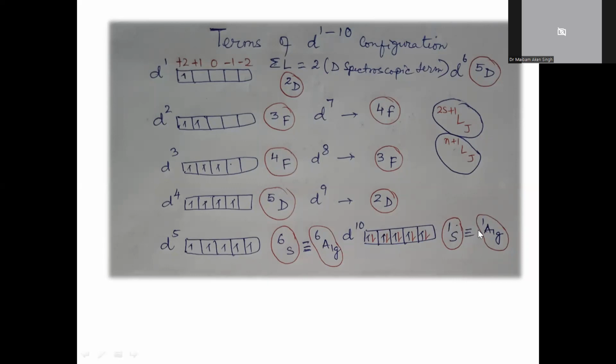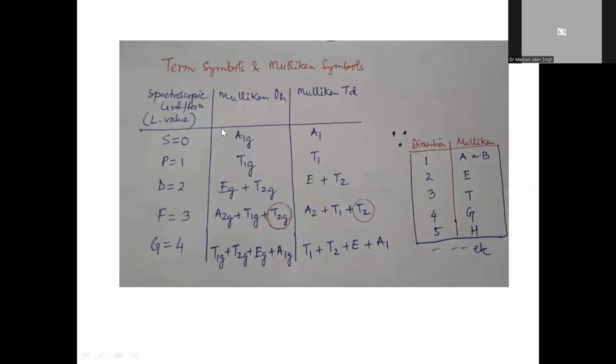This is why singlet A1G. For D5, multiplicity 6, we put the 6; multiplicity 1, we put the 1. So remember this thing, the term symbol and the molecular symbol. Just focus on the previous slide also, I don't need to repeat. Just remember this 1 dimension, 2 dimension, 3 dimension.